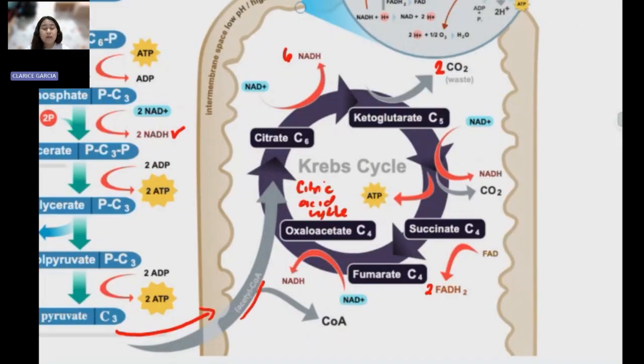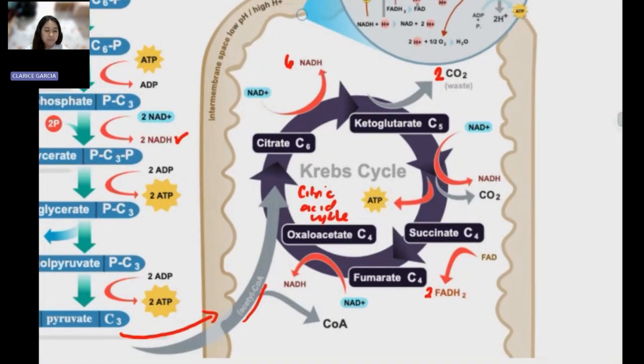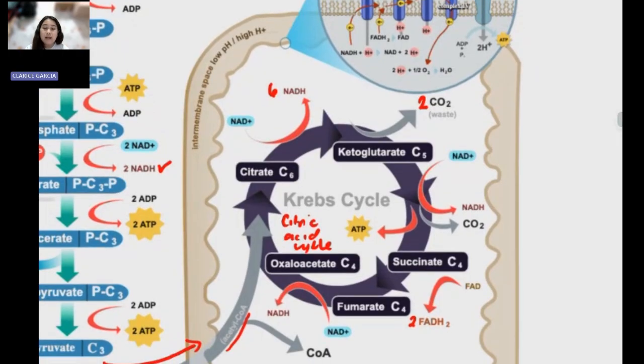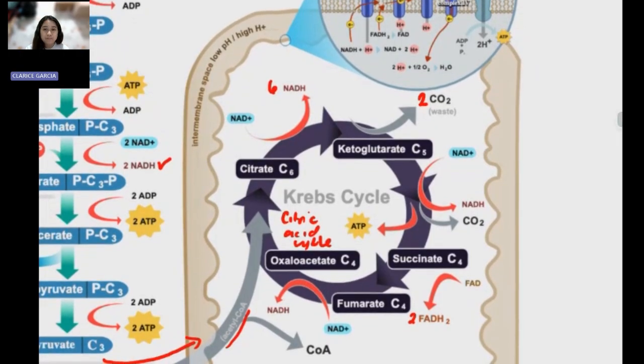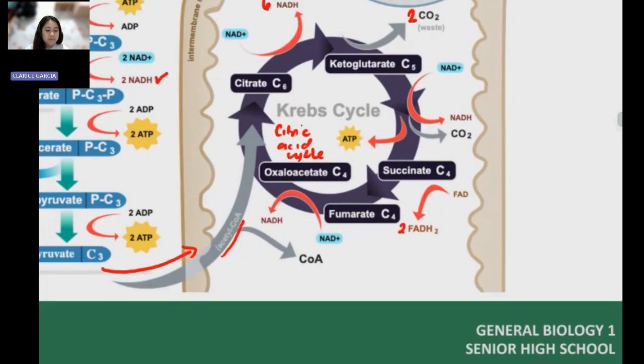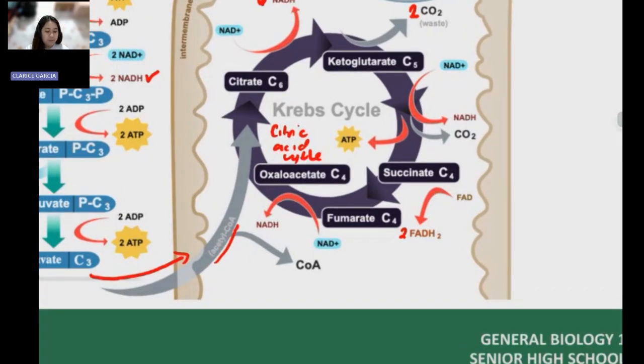This is very important because NADH and FADH2 are high energy electron carriers, which are very important in the electron transport chain. Now, this Krebs cycle happens in the matrix of the mitochondria.